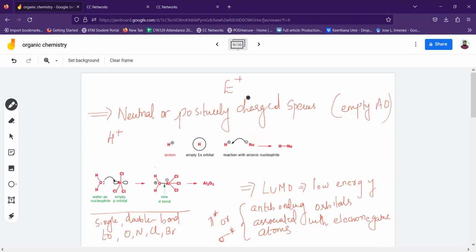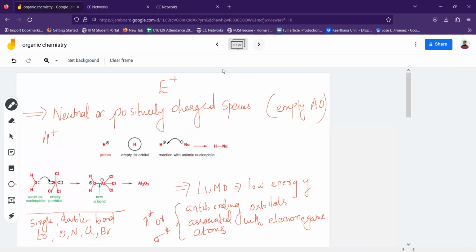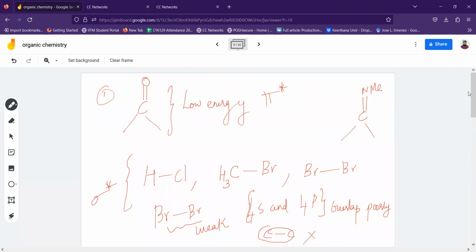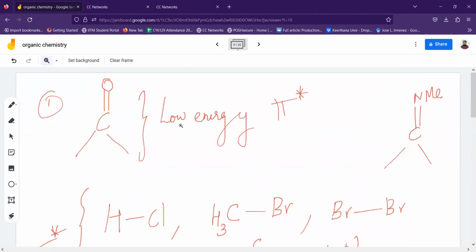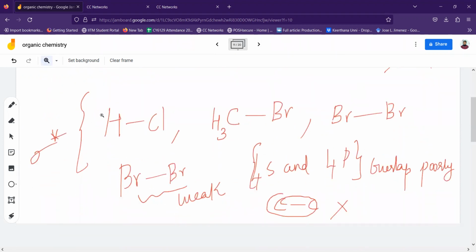And these are the examples for some of the electrophiles. They have a low energy pi star orbital. So it is important that they should have low energy unoccupied molecular orbitals. And sigma star orbitals will also act as an electrophile if associated with an electronegative element such as Br, Cl.